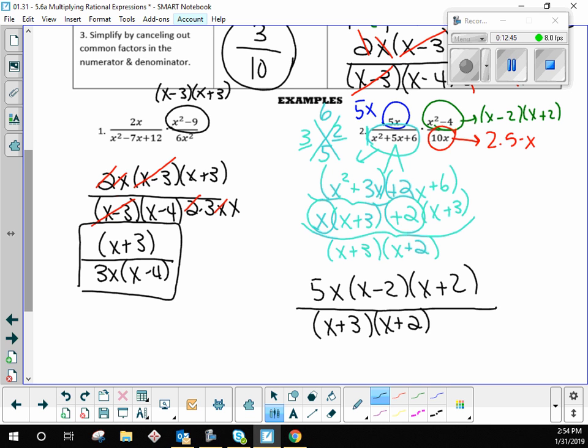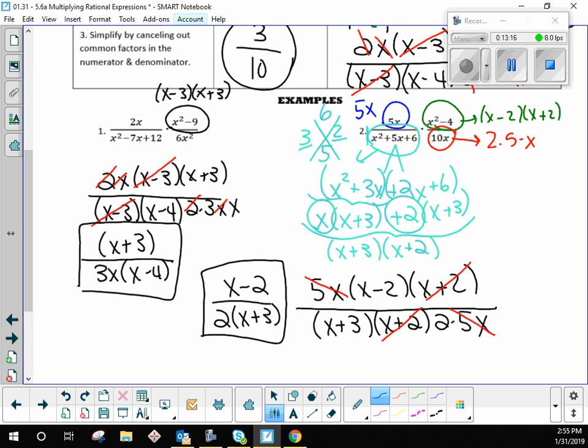And the right on the bottom, the red stuff, gave me 2 times 5 times x. Give me something that cancels. 5x, x plus 2, and that's it. Leaving me x minus 2 on top, and 2 times x plus 3 on the bottom.